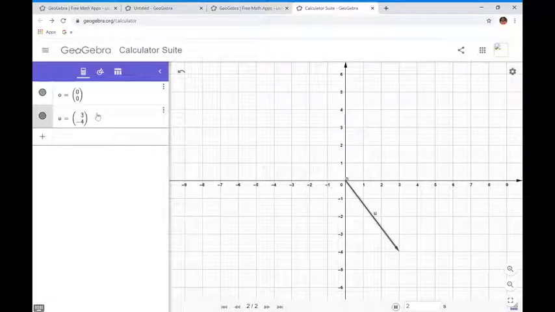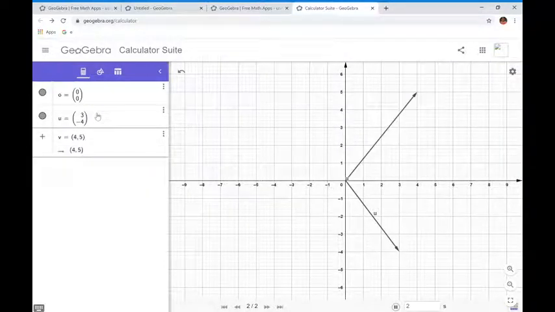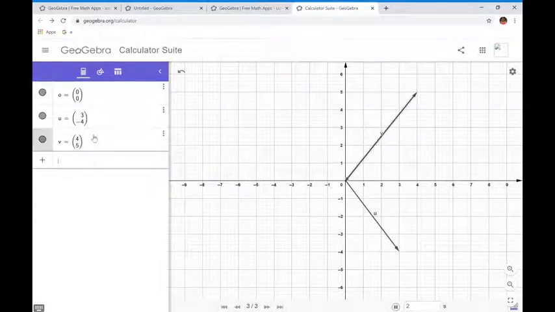So you can see on the graph sheet, and then let me take another vector v equal to (4, 5). So I got v as another vector, you can observe here. Now let me see what will be the sum of these two vectors. w is equal to u plus v.